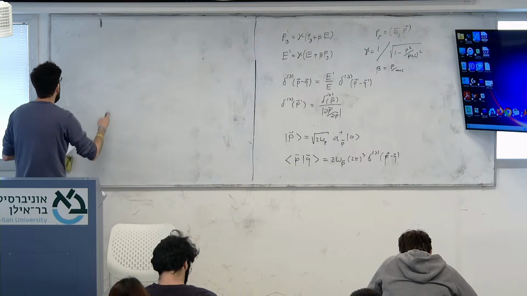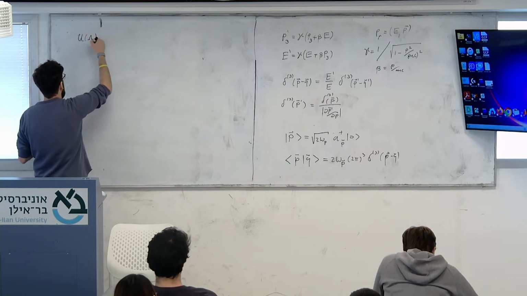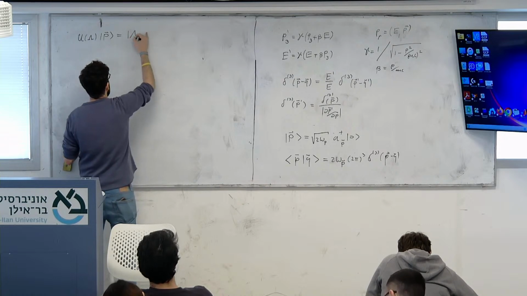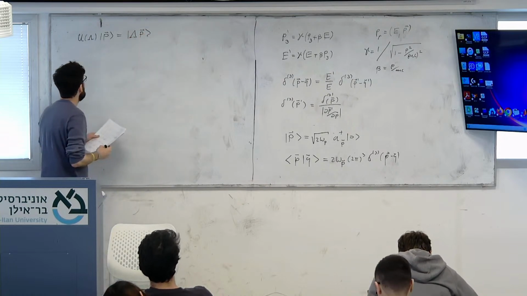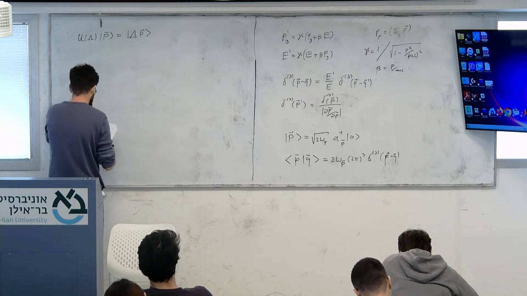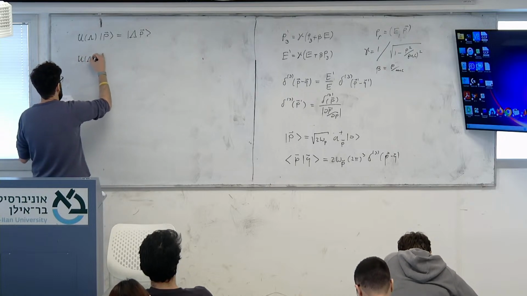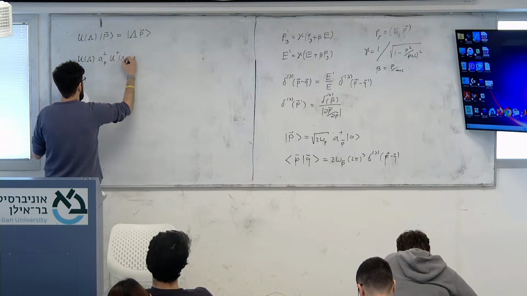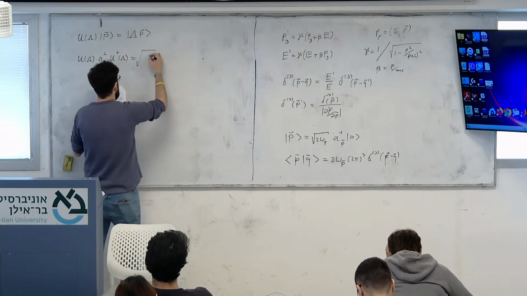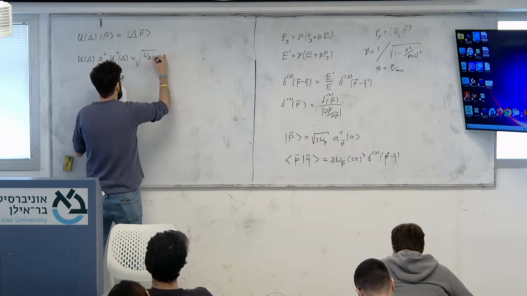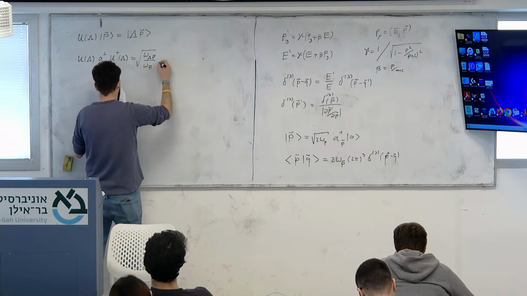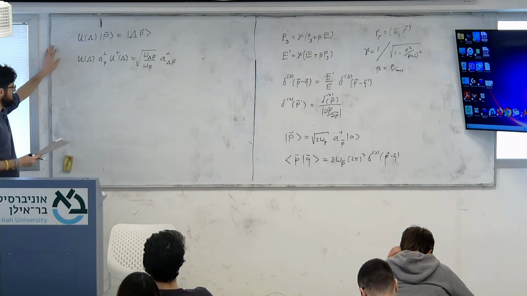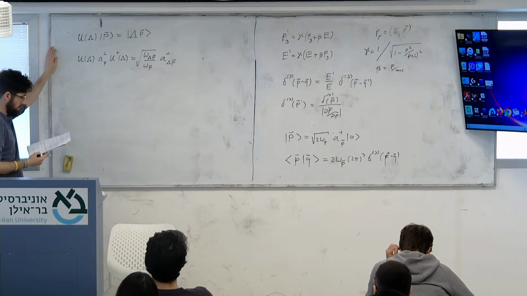And if we define a unitary transformation that imposes the Lorentz boost on P, then we have this thing: A dagger P U dagger of lambda is equal to the square root of omega lambda acting on P divided by omega of P, A dagger of lambda P. Where this lambda is the matrix that imposes the transformation.